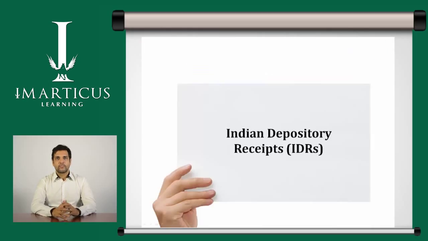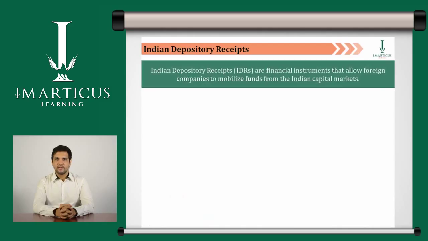The final type of depository receipt we are going to cover is Indian Depositary Receipts. What is an Indian Depositary Receipt? It is a financial instrument that allows foreign companies to mobilize funds from the Indian capital markets.